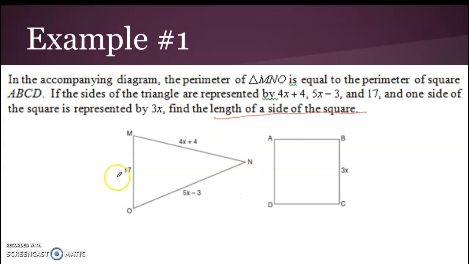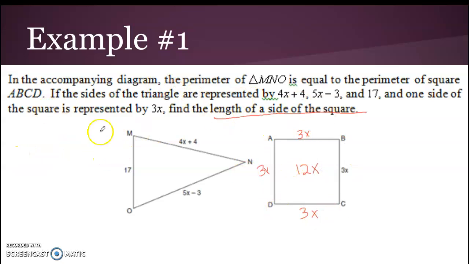Perimeter means distance around. And this is a square. So if that's 3x, this is also 3x, this is 3x, and this is 3x. So distance around would be 3x plus 3x plus 3x plus 3x, which is 12x. All I did was add all around.